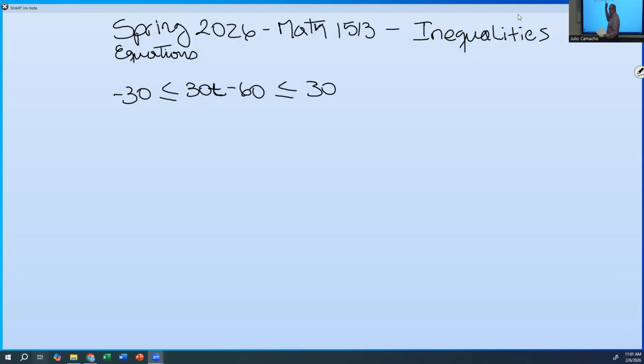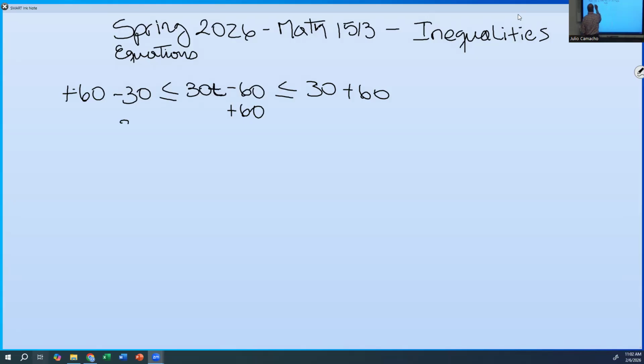Is this a negative 60? How do I cancel the negative 60? I need to add 60 to both sides. I add 60 here, plus 60 here, and plus 60 here. And now I perform my operations. Positive 60 minus 30 is 30.